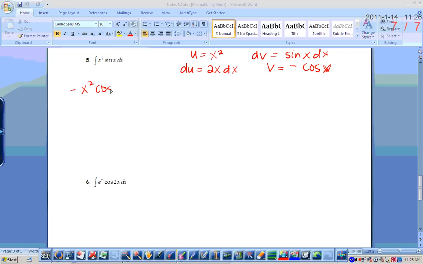Negative x squared cosine x minus the integral of v du, which is negative cosine x times 2x. So negative 2x cosine x dx.